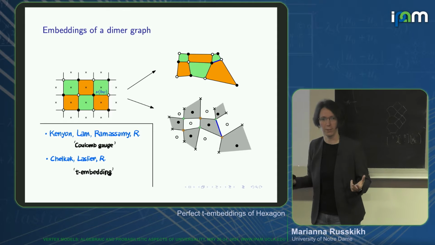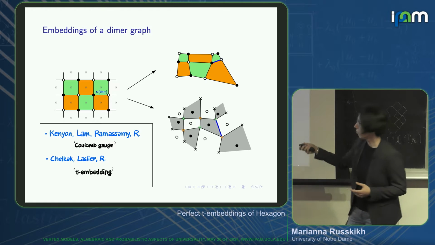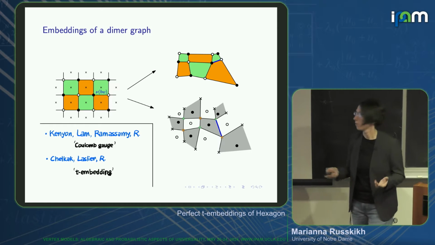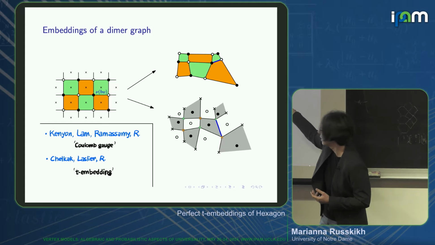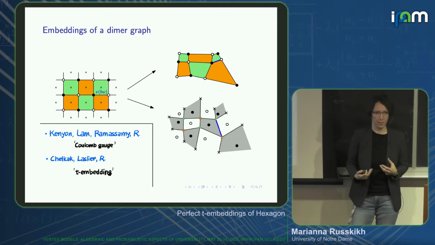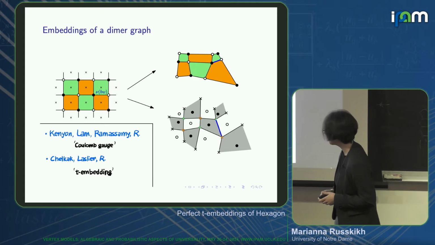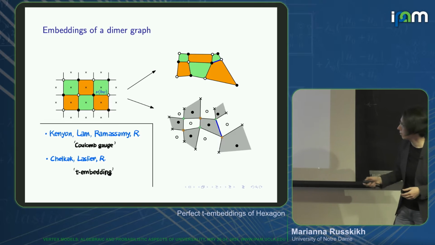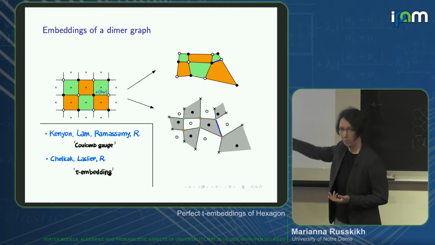There is no geometrical meaning of those weights on edges. Could I give some geometrical meaning to those? Could I redraw a graph in such a way that maybe the length of this edge is given by this weight, or some other interpretation of those weights in a geometric way? Also note, which is crucial for me today, that edges and dual edges are in bijection.